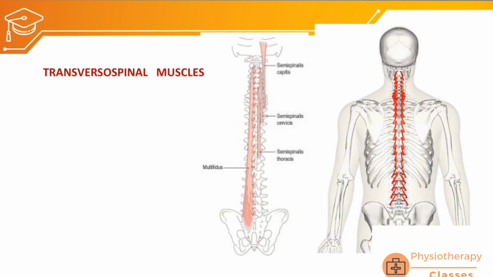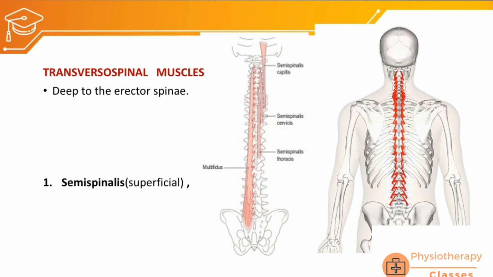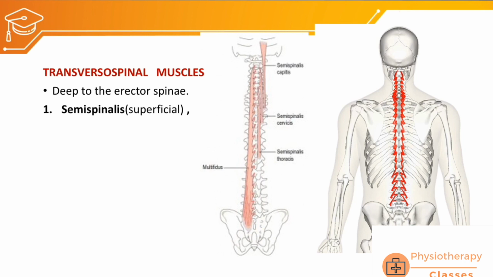Next group of muscle is called the transversospinal muscle. It is deeper to the erector spinae. The first group of transversospinal muscle is the semispinalis, which is superficial, multifidus, which is intermediate, and rotators, which are the deep muscles.